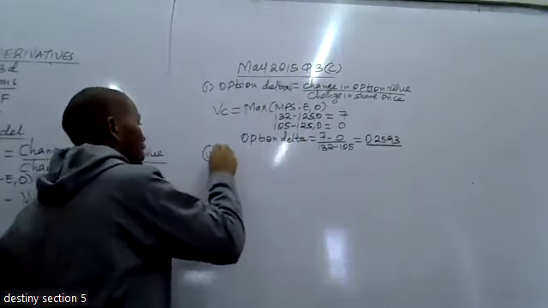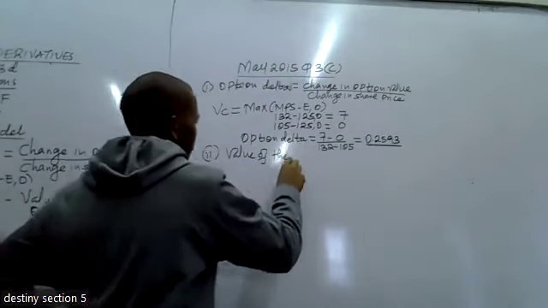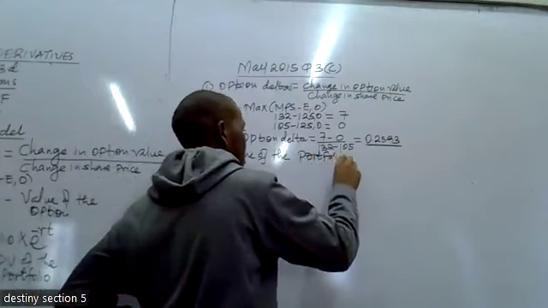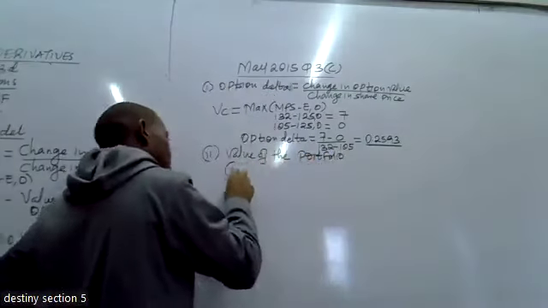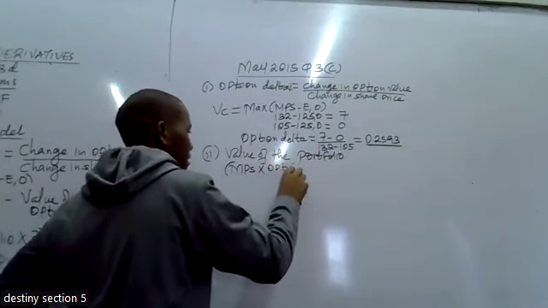Step number 2, we have to get the value of the portfolio. The value of the portfolio is the MPS multiplied by the option delta.